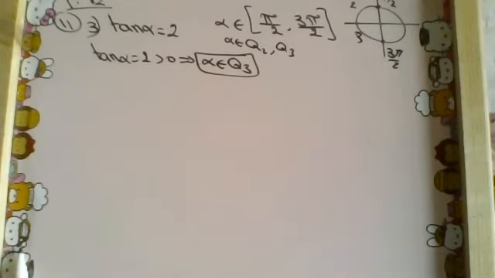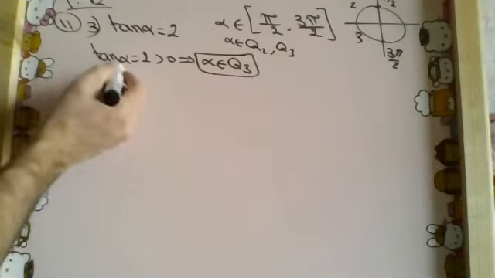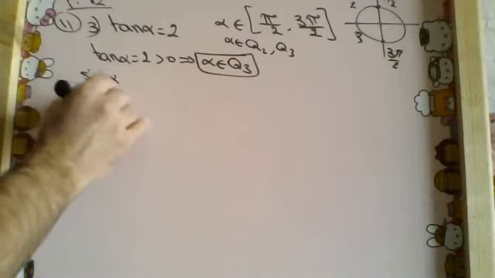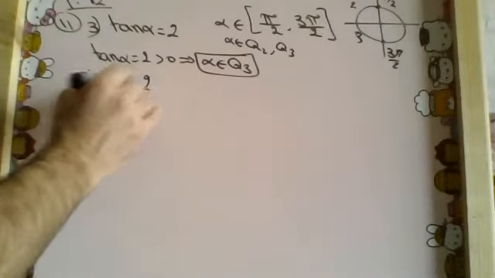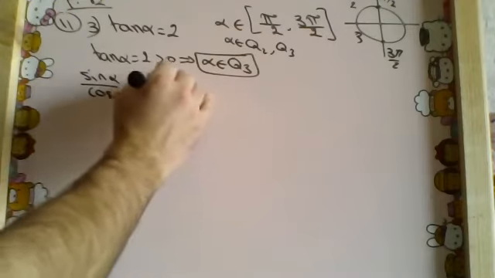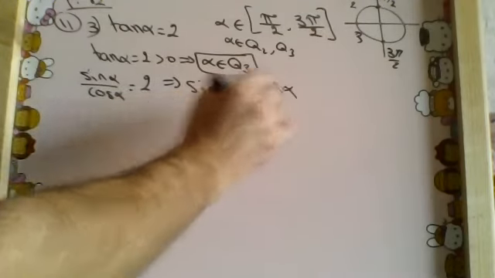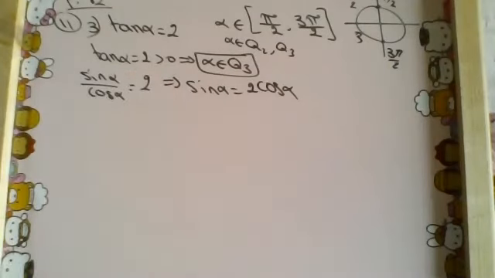Tangent alpha is equal to sine alpha over cosine alpha, equal to 2. Then sine alpha is equal to 2 cosine alpha. Just one moment before you continue.